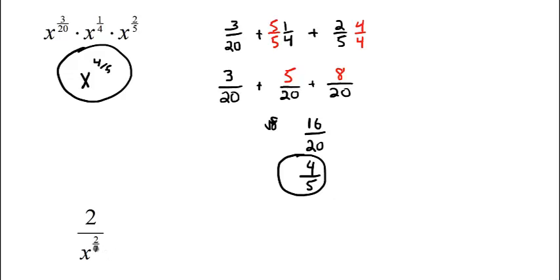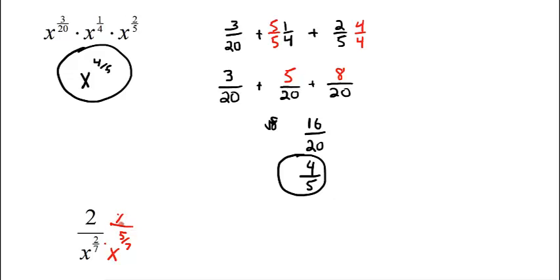That's going to be x to the 5/7 power, because 2/7 plus 5/7 gives us 7/7, which cancels out that fraction.